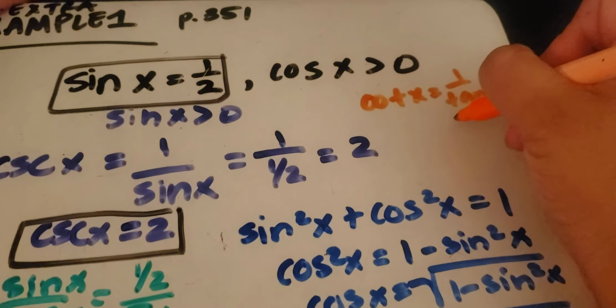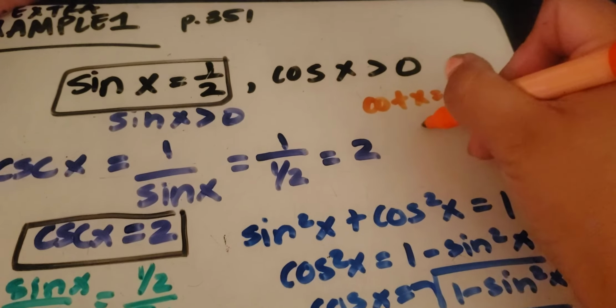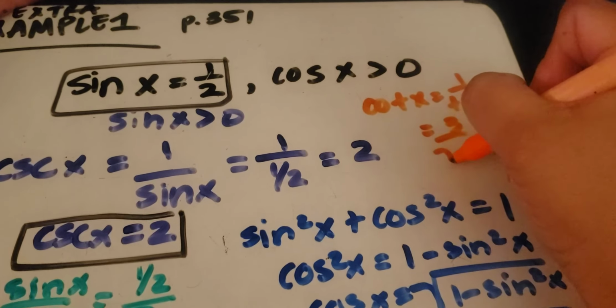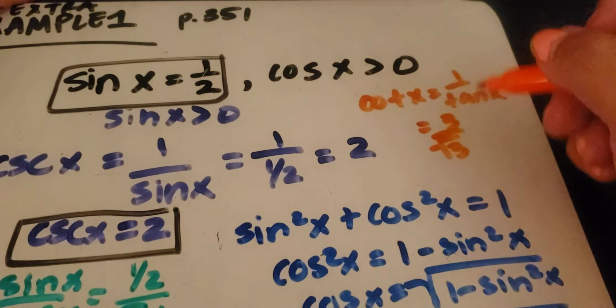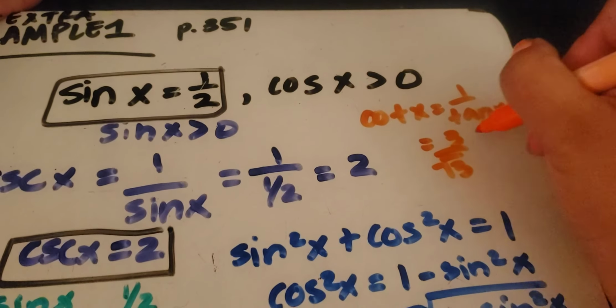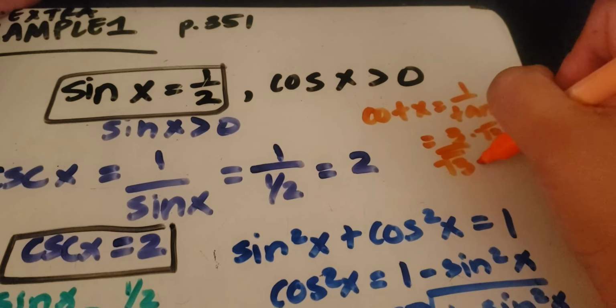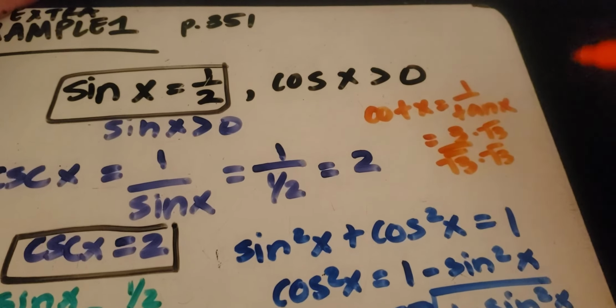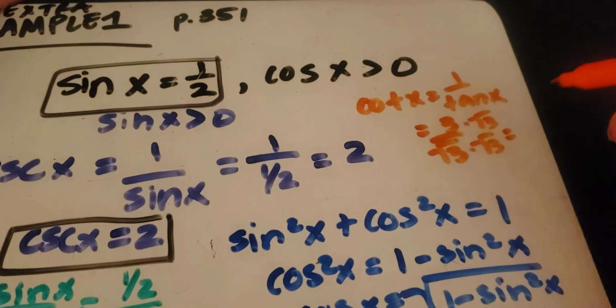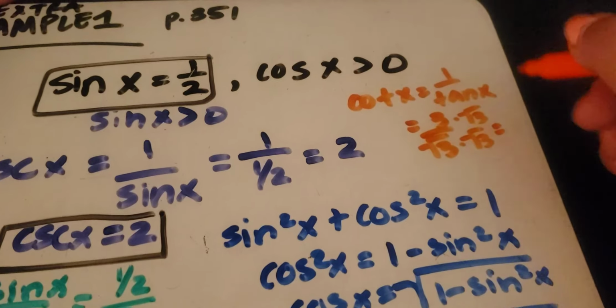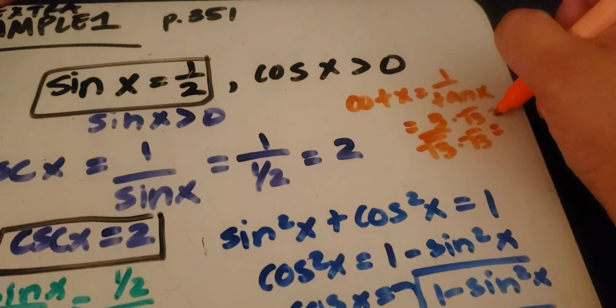So this would be 3 over radical 3, okay? But the same thing's going to happen. You're not allowed to have radicals, so I'm going to multiply by radical 3 top and bottom. And then what we're going to end up with is, I don't think I'm going to have room, but I'm going to try to squeeze it in.